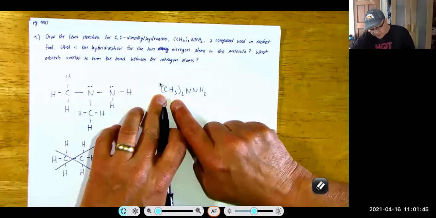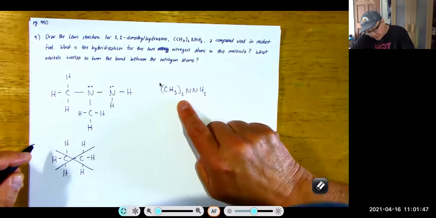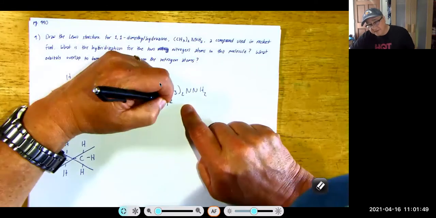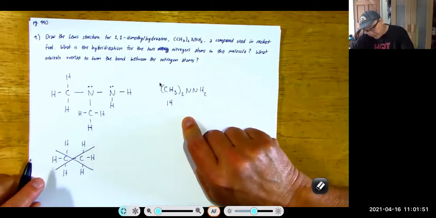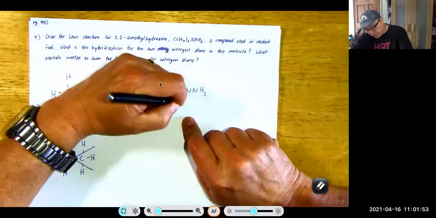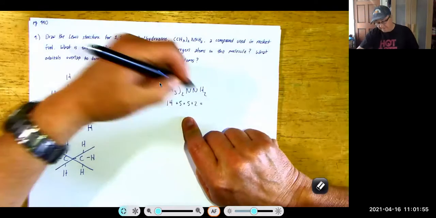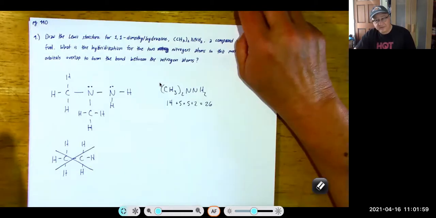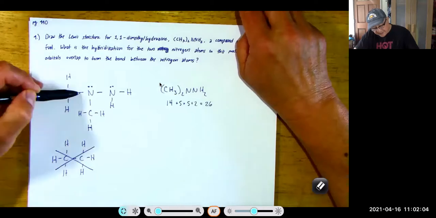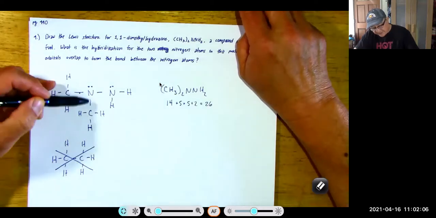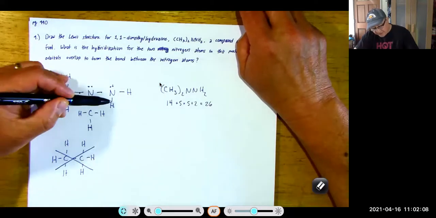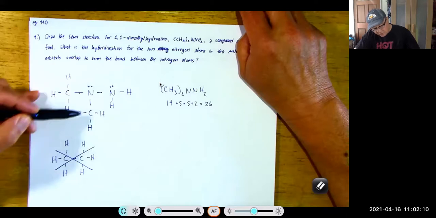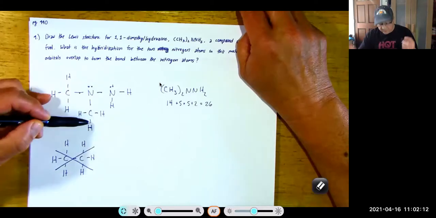Well, because there's 2 of these, we're going to say 14 electrons there. Plus 5, plus 5, plus 2, which looks like 26 electrons to me. Fair enough? Let's count these. 2, 4, 6, 8, 10, 12, 14, 16, 18, 20, 22, 24, 26. So we're good.